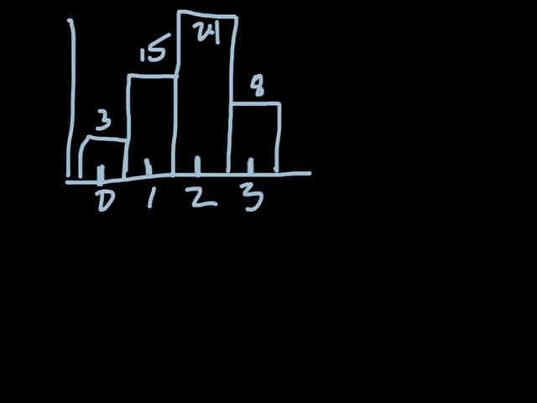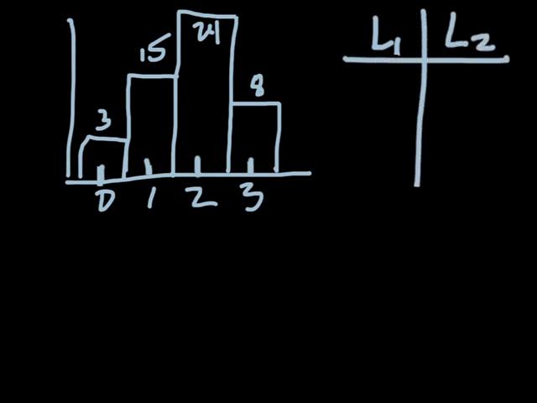And sometimes you may only know the boundaries and you'll have to find the midpoints. Or sometimes it'll be a frequency table and you'll have to find the midpoints. But in any case, you always need the midpoints if you want to calculate a weighted mean from this. So what I would do is go to my calculator, list 1, list 2, and I would enter 0, 1, 2, 3, those are my midpoints.